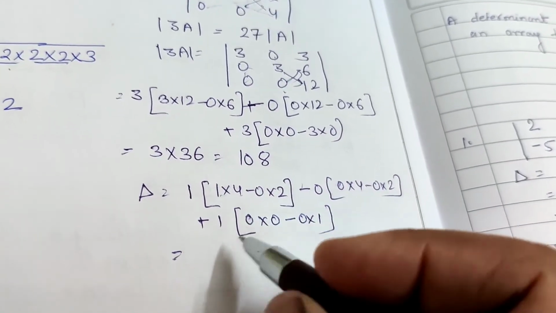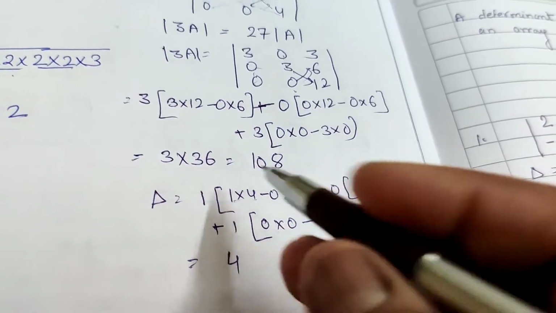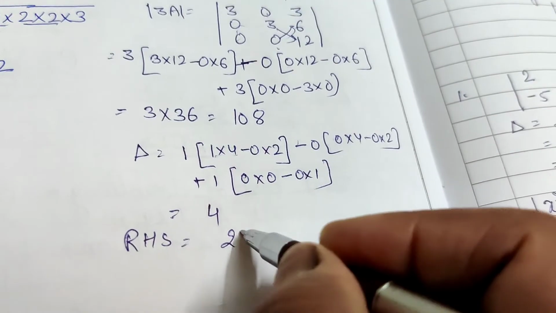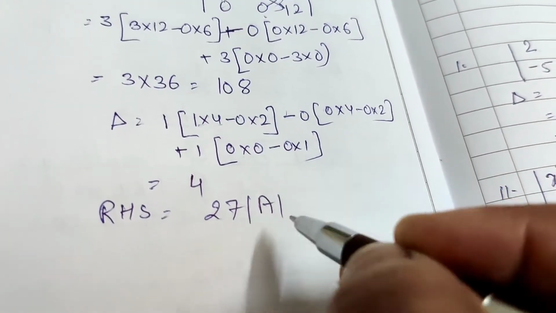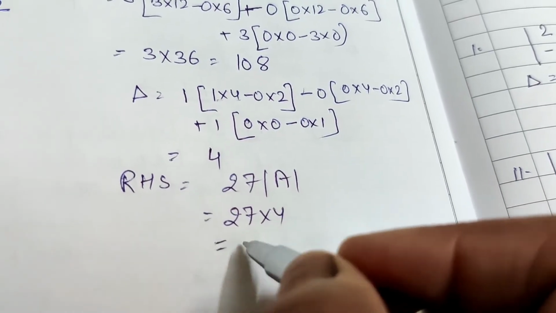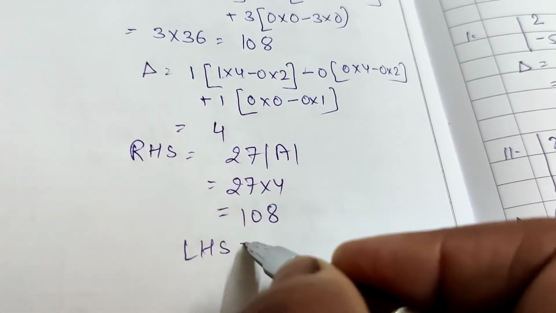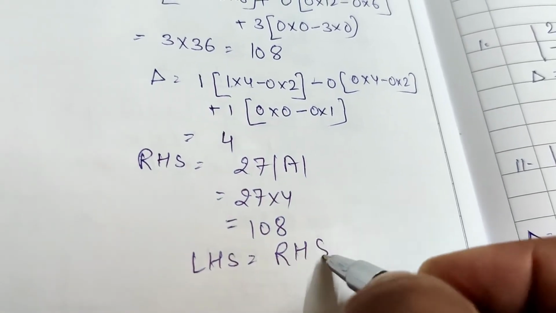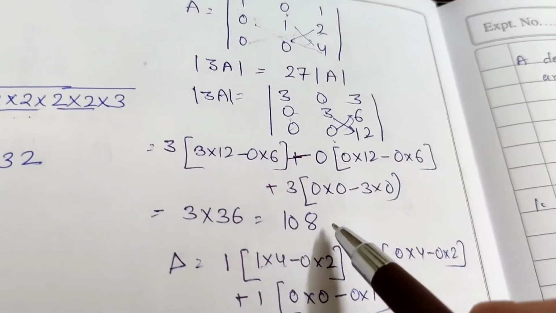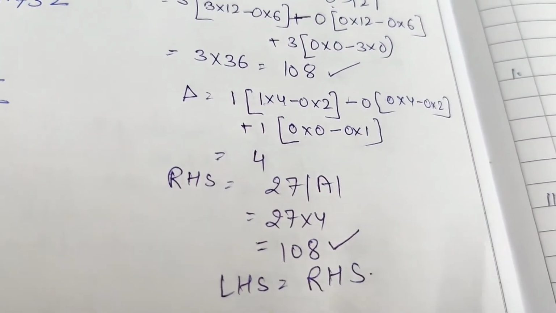The answer is 4. And the RHS is 27 times determinant A. It means 27 into 4, 108. Therefore, LHS equals RHS. Okay, LHS is 108 and RHS is also 108.